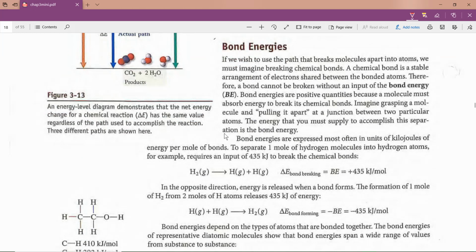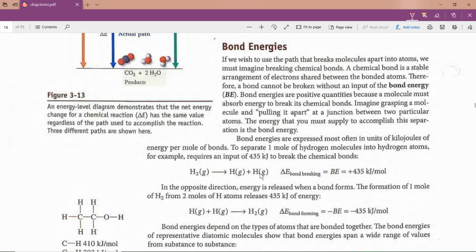If you wish to use the path that breaks molecules apart into atoms, we must imagine breaking chemical bonds. A chemical bond is a stable arrangement of electrons shared between the bonded atoms. Therefore, a bond cannot be broken without an input of the bond energy. Italicized is what we'll use for bond energy. They're positive quantities because a molecule must absorb energy to break its chemical bonds.